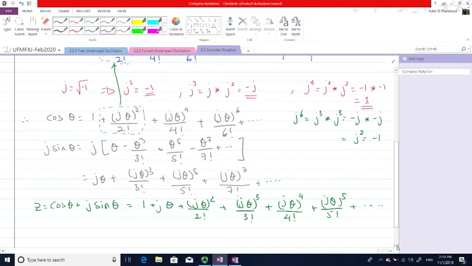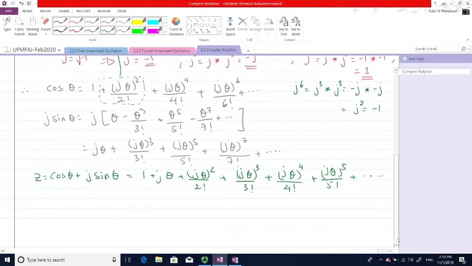If we are good in mathematics, we know that this is the Taylor expansion of the exponent of j theta. Therefore, we can determine the complex number z as the exponential of j theta.